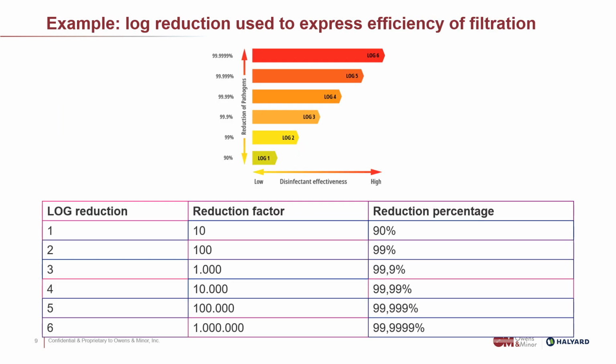Now, to illustrate log a little bit further, the previous slide showed how much is still left. Here we are going to make it clear, what does log reduction mean? Going from a log 1 to a log 2, it's every time a step of 10. You see that every time there's a 0 added. So a log reduction 6 is about 1 million that you reduced.